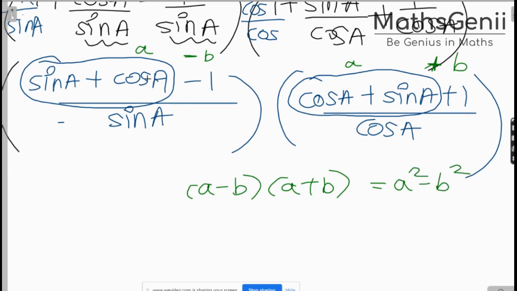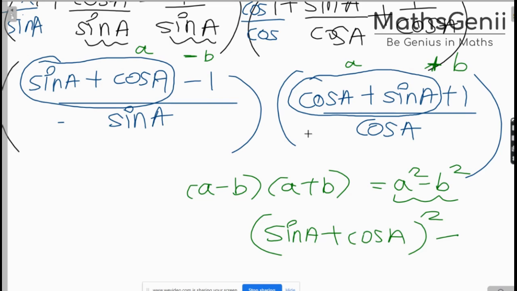In this case, your a is sine a plus cos a, minus, what is your b? B is 1.